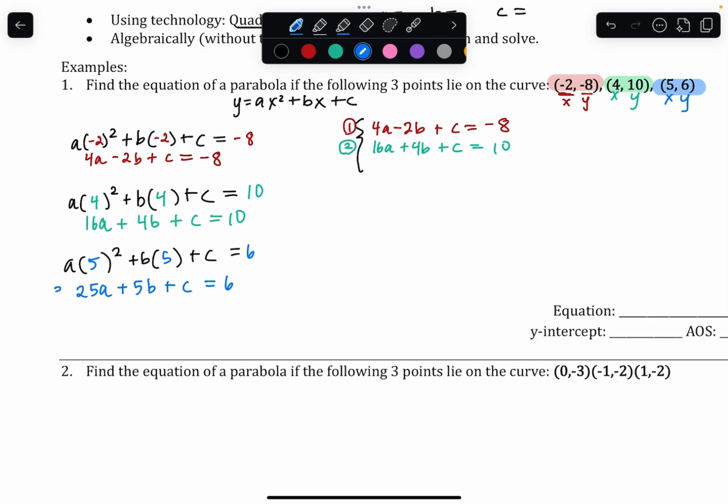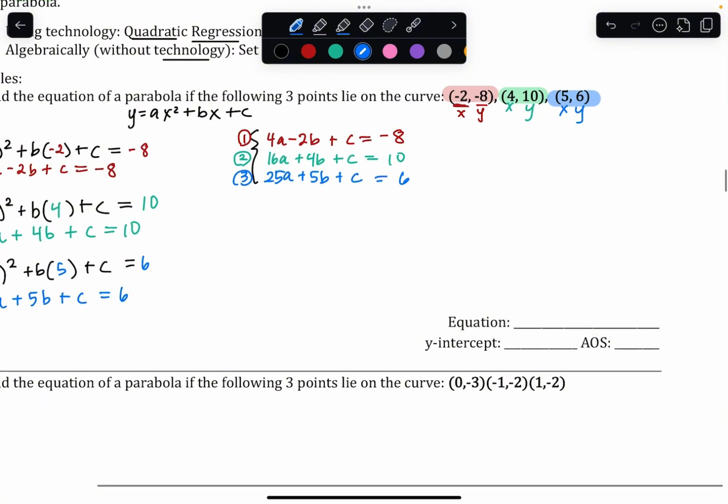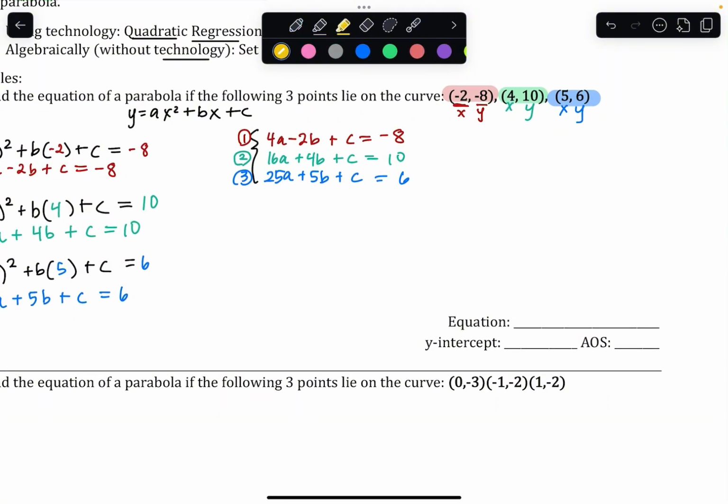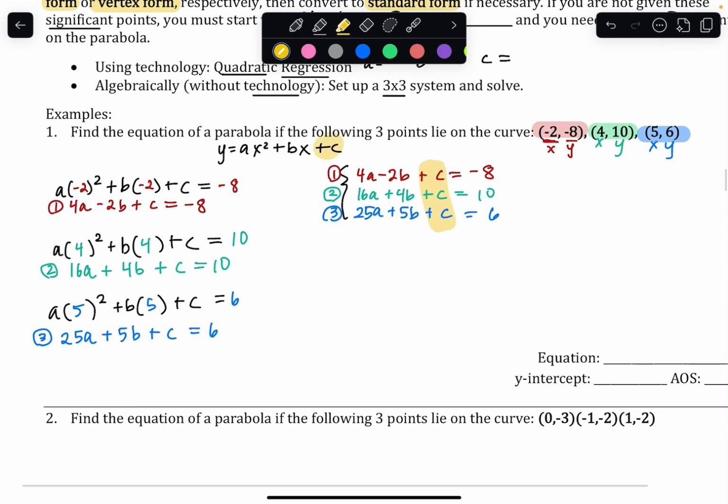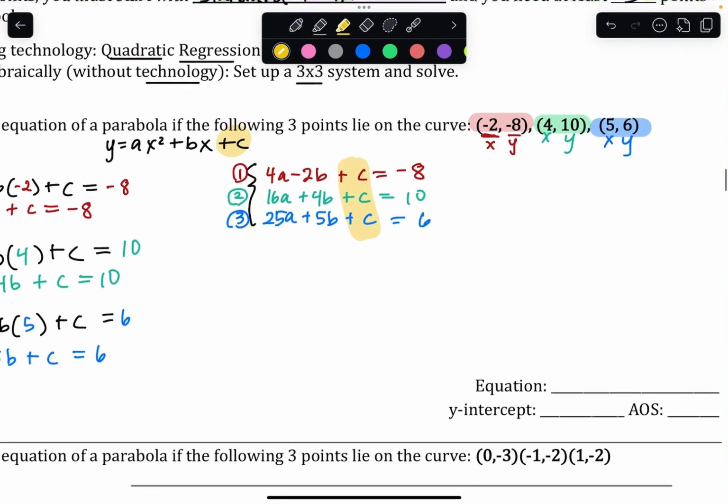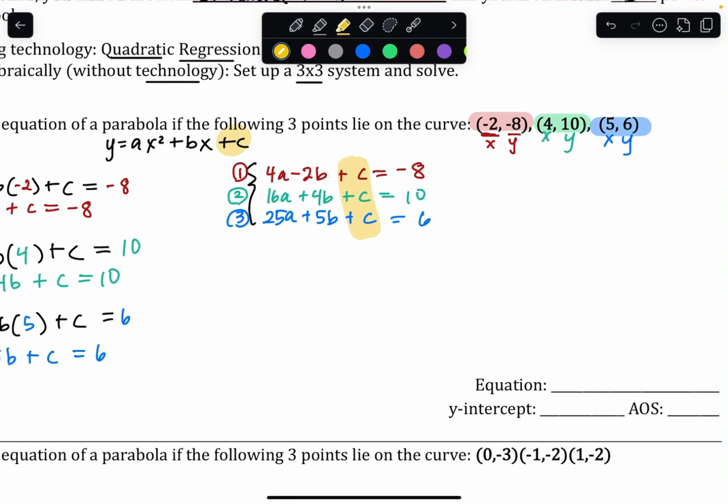And then the blue equation will be our equation 3: 25a plus 5b plus c equals 6. Before you solve this 3x3 system, it's going to be a nice, easy one because you should have a plus c in every equation. There's no x with this c, so that's the variable we want to eliminate.